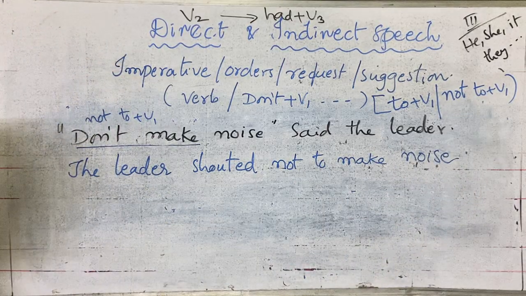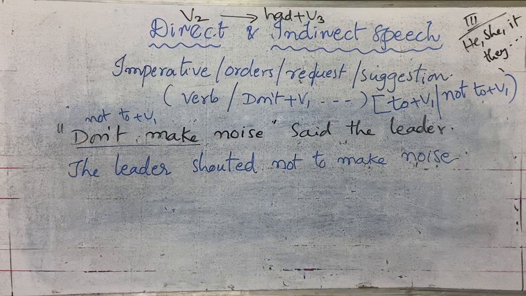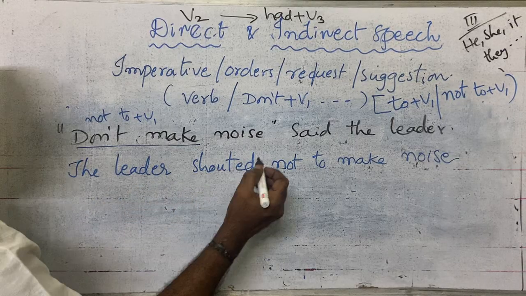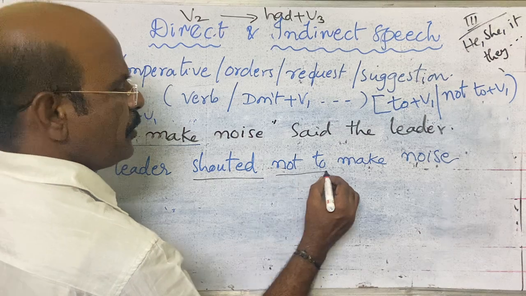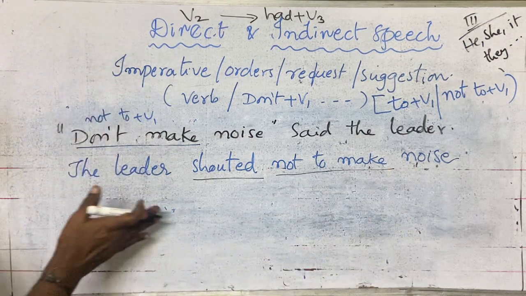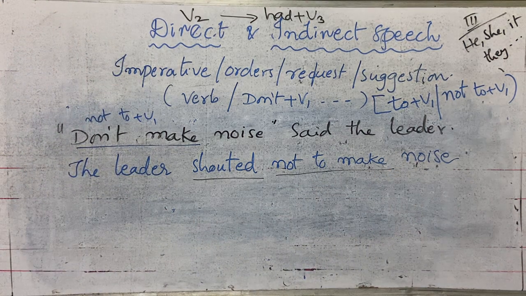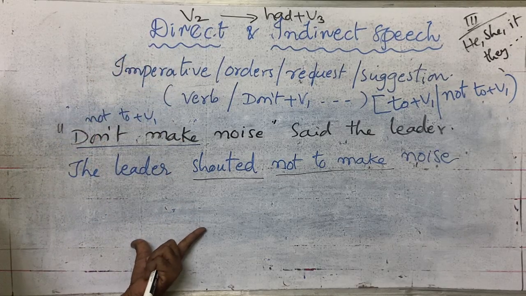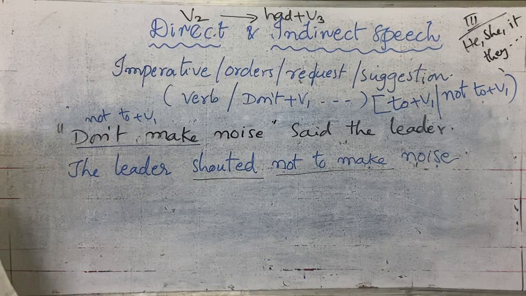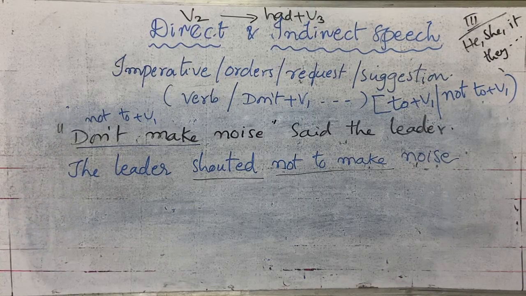Here what we did: one change is shouted, and there is not to make. Like this we are changing. As it is negative, we are taking imperative sentences this way. Still some are there, but it is a one hour video, so all these are not possible.